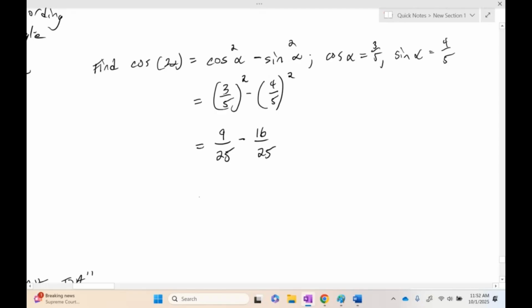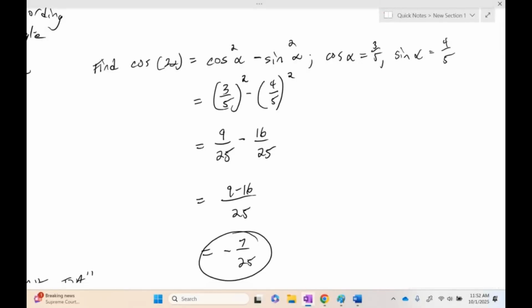We have a common denominator of 25, so we're going to keep that common denominator, and we're going to combine the numerators. So 9 minus 16 is -7/25. And that is the value for the double angle of cosine.